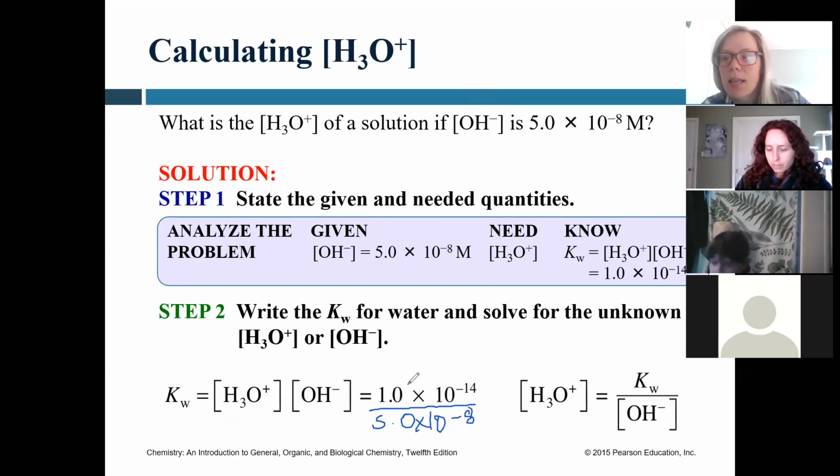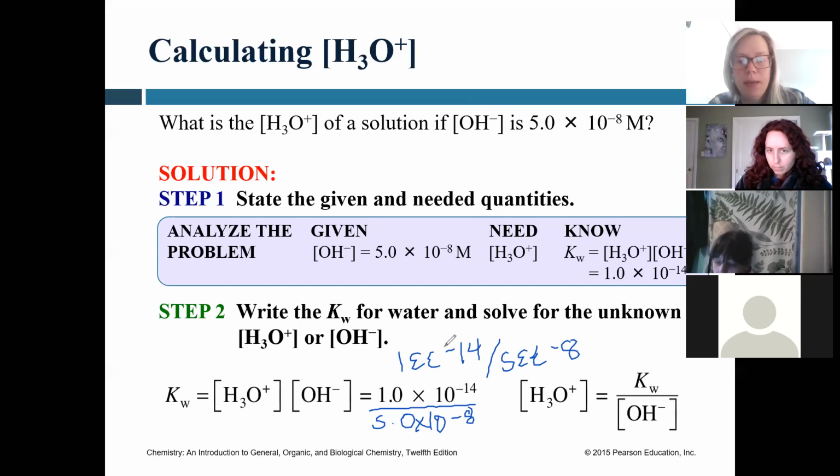Now, if I was plugging this in the calculator, I would use the EE. So I would go 1 EE negative 14 divided by 5 EE negative 8. That's how I would approach it, as the fastest way. The EE being a button that you have available for you.